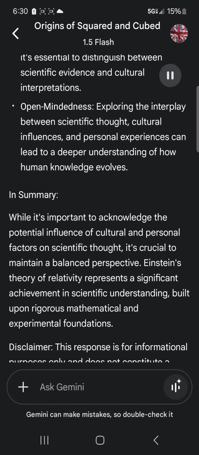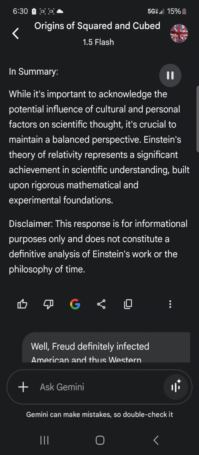Exploring the interplay between scientific thought, cultural influences, and personal experiences can lead to a deeper understanding of how human knowledge evolves. In summary, while it's important to acknowledge the potential influence of cultural and personal factors on scientific thought, it's crucial to maintain a balanced perspective. Einstein's theory of relativity represents a significant achievement in scientific understanding, built upon rigorous mathematical and experimental foundations. Disclaimer. This response is for informational purposes only and does not constitute a definitive analysis of Einstein's work or the philosophy of time.